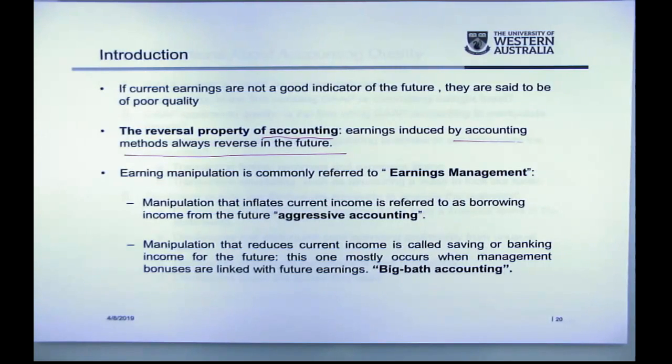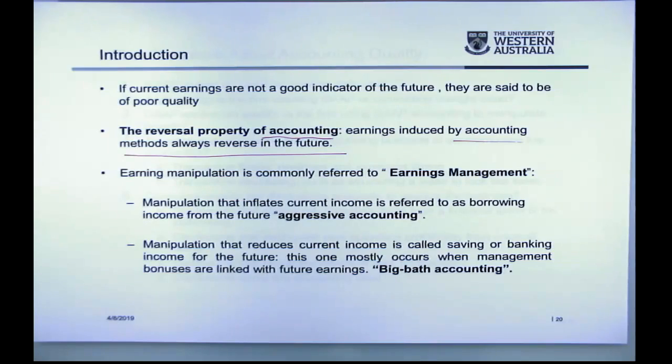That will evade some expenses for this year and will improve earnings. But when we add them to the fixed assets, that will increase the future depreciation. So that will reduce the future earnings. So this is the meaning of reversal property.